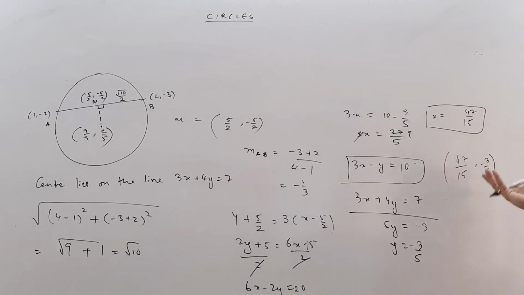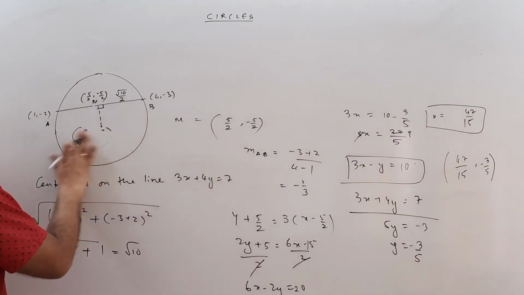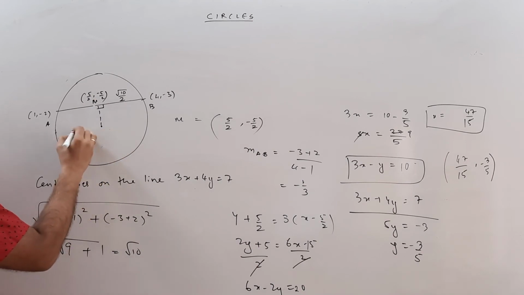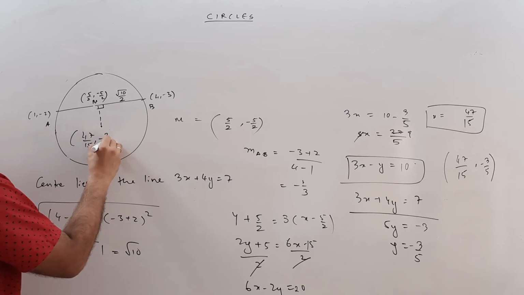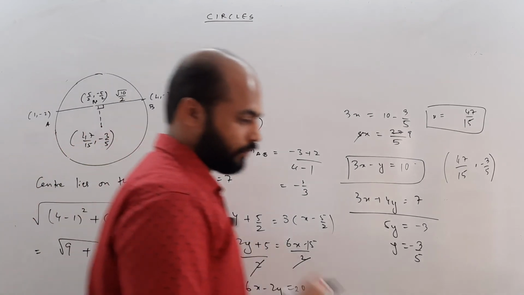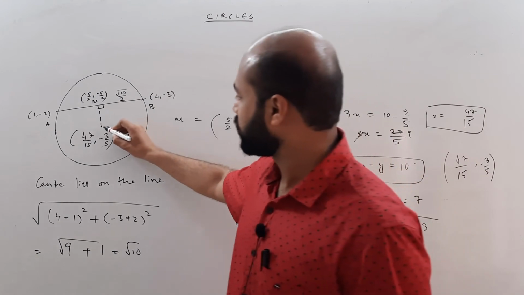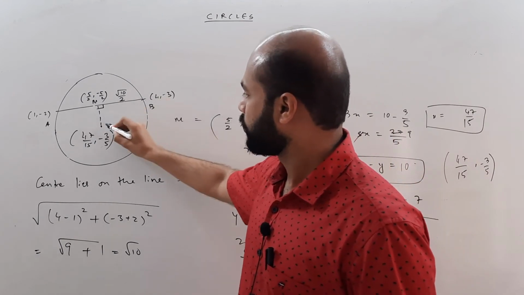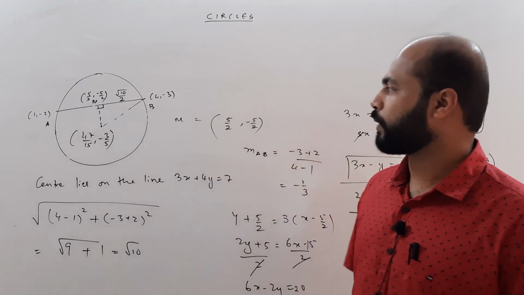So once we find this center, the process is really simple. All that we have to do is just find this distance. So it's going to be (47/15, -3/5). And when we find this distance, we can find it by the distance formula, because both the points are there, x1, y1, x2, y2.